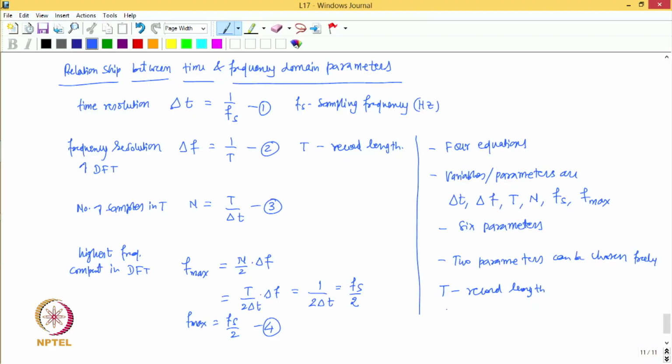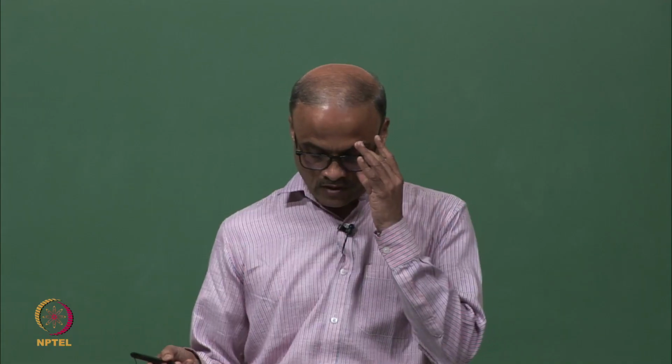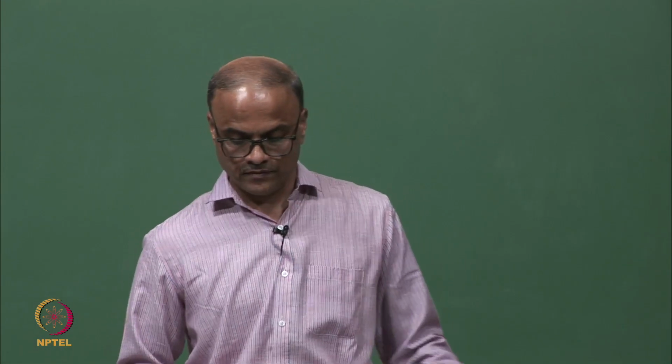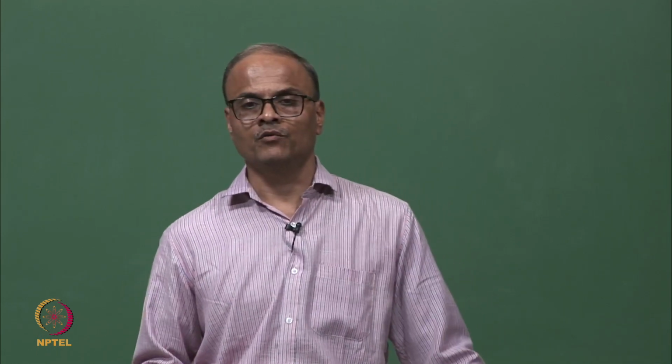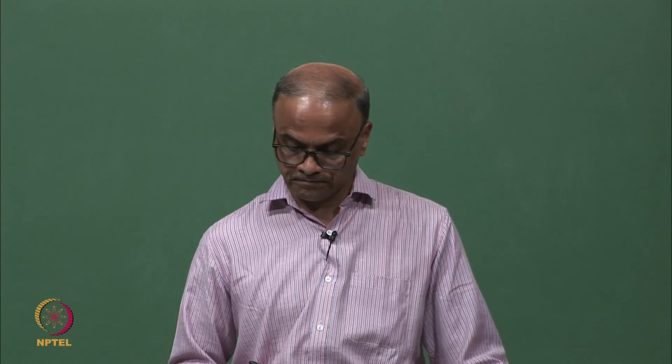The other parameter could be f max, the frequency range of measurement, say 0 to 400 hertz or 0 to 1000 hertz or 2 kilohertz and so on. Once these 2 parameters are taken, the rest of the 4 parameters are determined and fixed. They cannot be chosen independently any more.